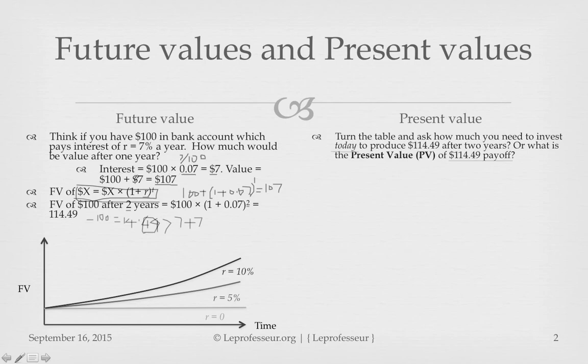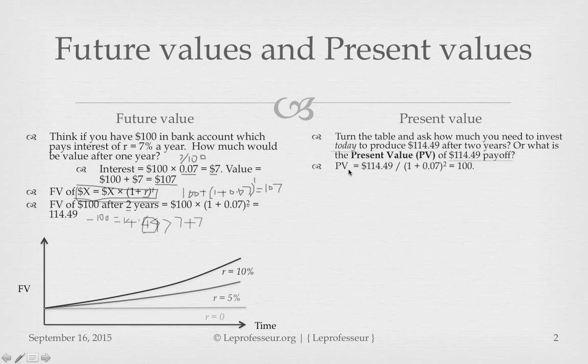We already saw the calculation. You can say I need $100 because you have already seen it. You calculated the future value of $100 after 2 years. But here we are given a number, 114.49. That means that much money we want after 2 years. So how much do we have to invest today? That will become our present value.